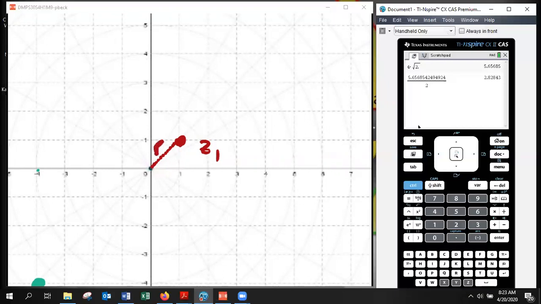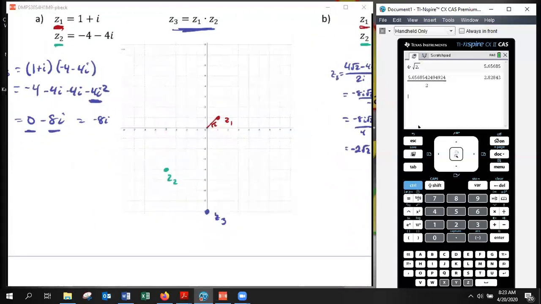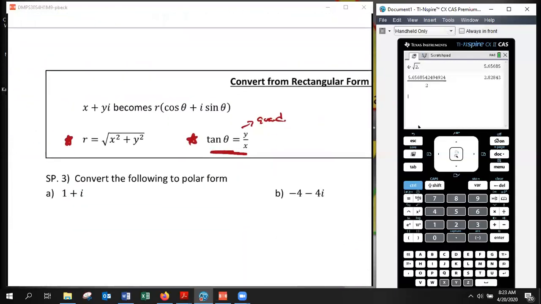I kind of jumped through some math there, I apologize, but this ends up being the square root of 2 as a length. Now, what angle forms that? We should know that this is a 45-degree angle. We can actually see that 45-degree angle on this graph. So we should end up with a radius of the square root of 2 and an angle of 45 degrees.